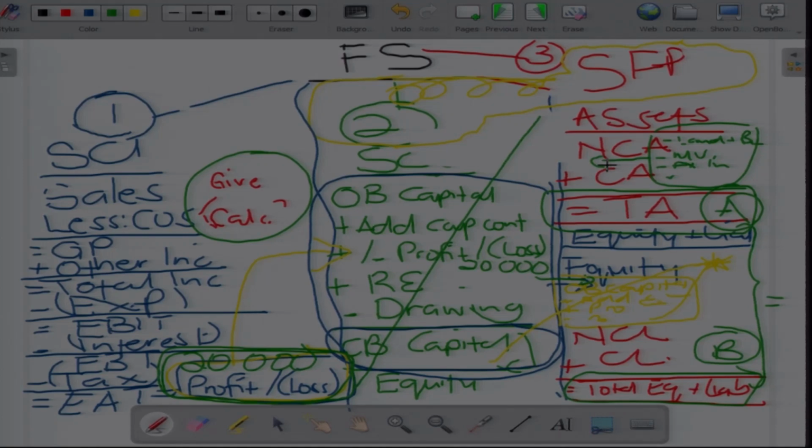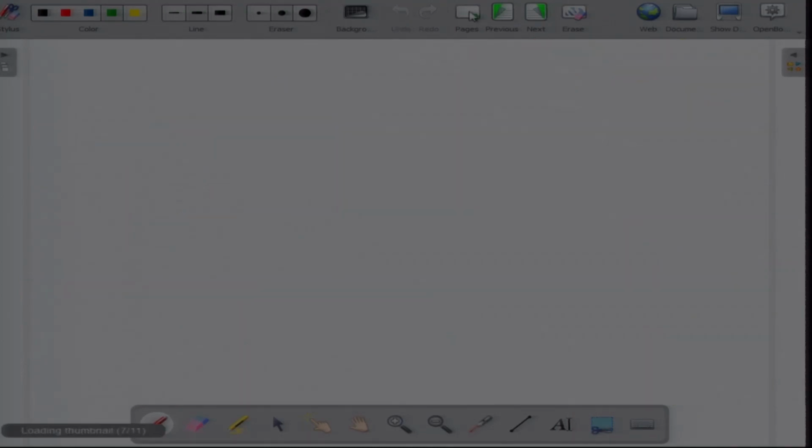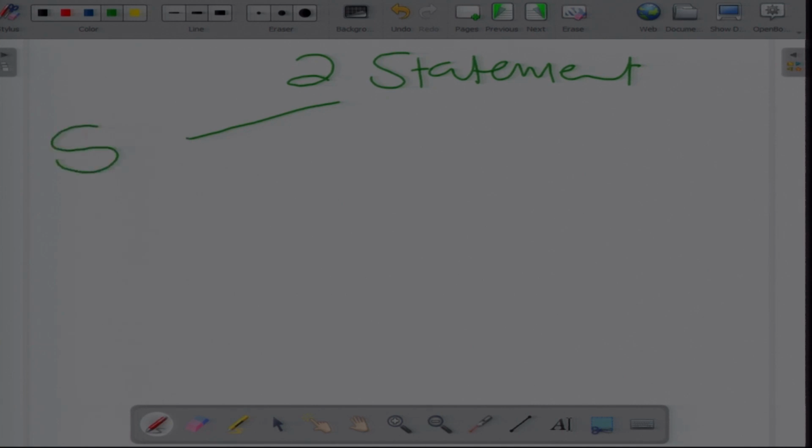So if we give you a question, you then basically going to do two statements. You're going to do two statements. One statement of comprehensive income that only includes income and expense.